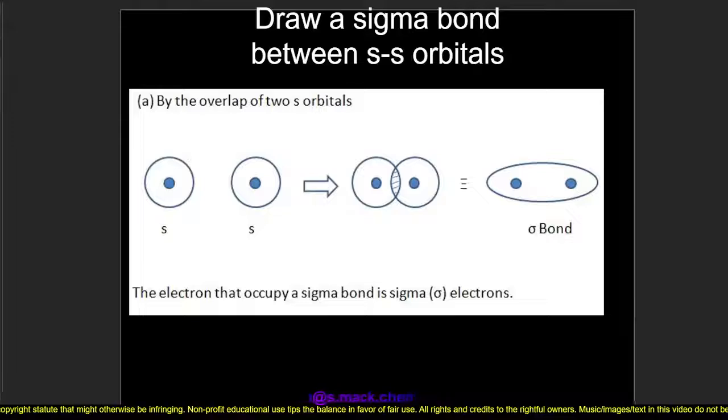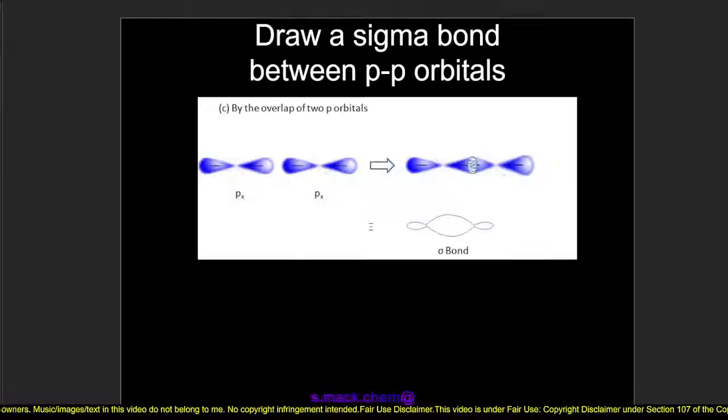internuclear axis. We will look at the three ways in which a sigma bond can be formed, meaning we're going to look at the three sets of atomic orbitals which lead to the formation of a sigma bond, and then we're going to go on to draw these diagrams so you can see it a little more clearly. So this is one way in which a sigma bond can be formed: overlap of two s atomic orbitals. Two p orbitals, that is two px orbitals, can overlap end-on.